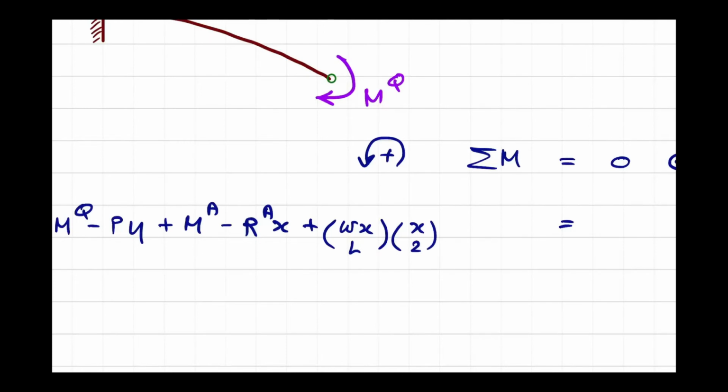So you get the area of the triangle. The height, which is WX over L, multiplied by the base, which is X over 2. You get the area of the triangle, and then you multiply by the moment arm. What is the moment arm? X over 3.